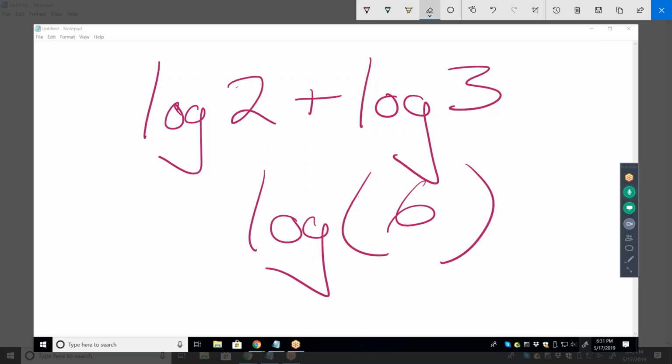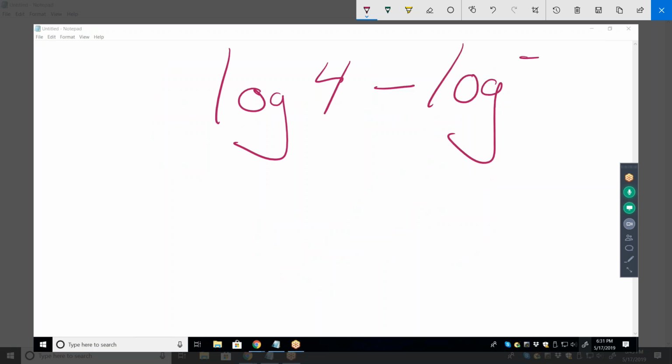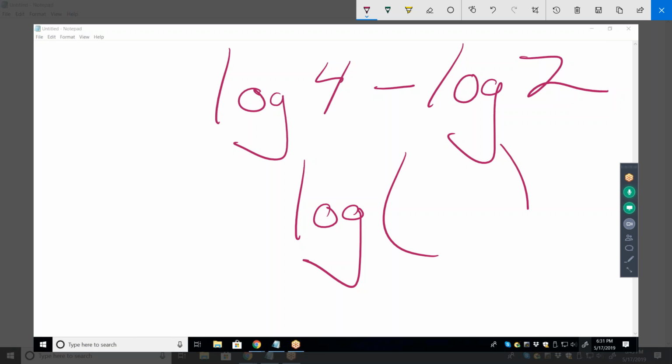Okay, let me test you again with another one. The log of 4 minus the log of 2. And I don't write a base intentionally. In other words, this is log base 10, but it doesn't matter what the base is, as long as the base is the same in the 2 log expressions, you can always put it into 1 log expression, which is what?